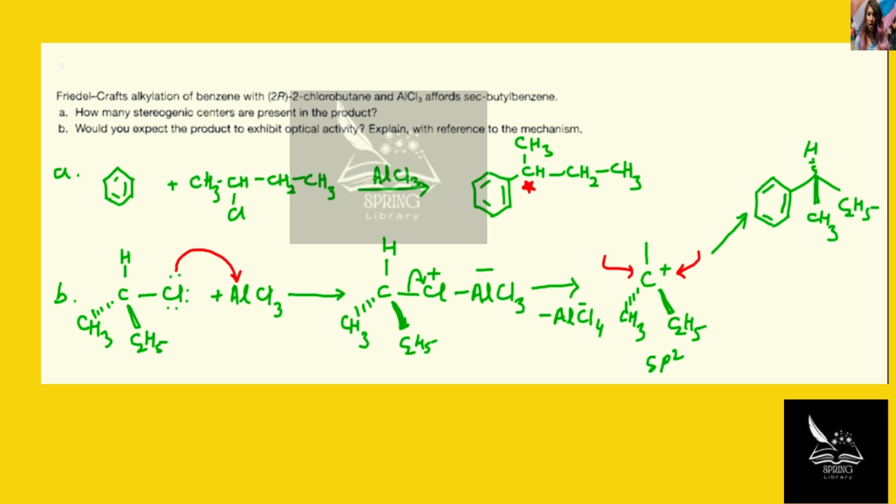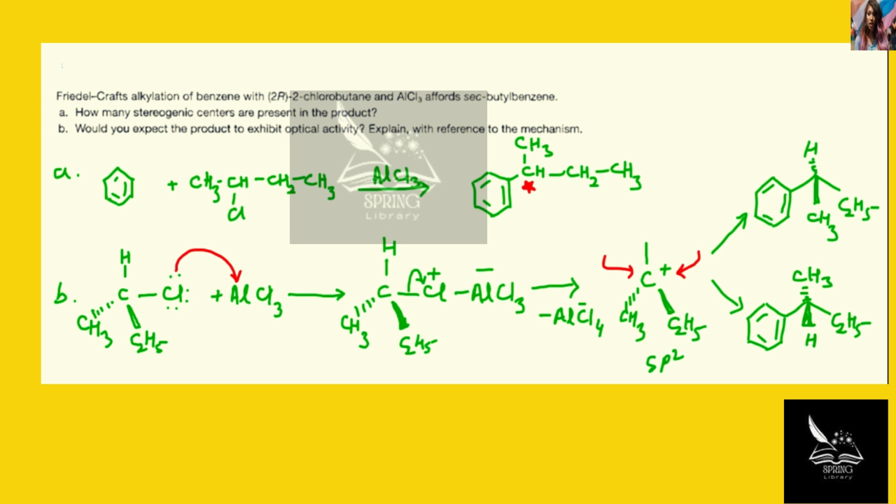This is one of the products, and the second product can be benzene with C2H5, methyl group below the plane, and hydrogen above the plane.